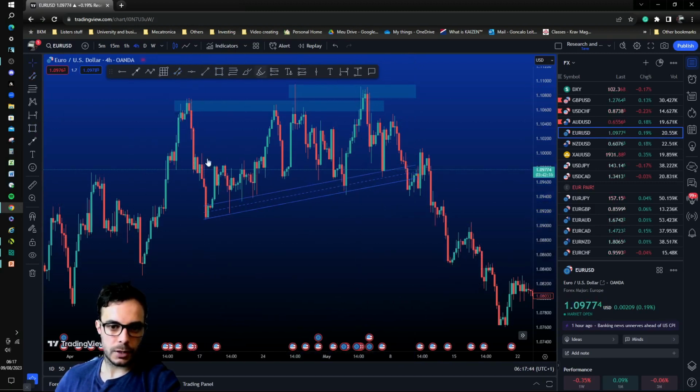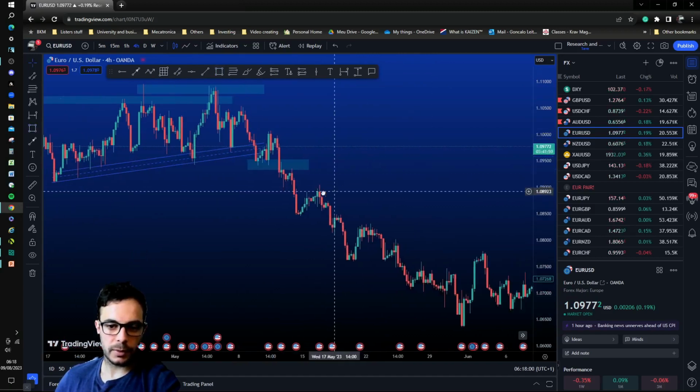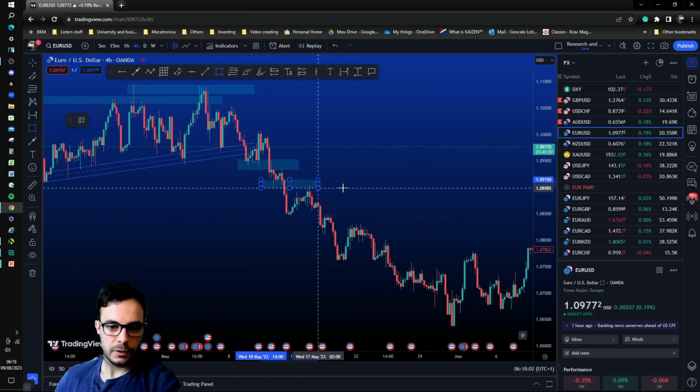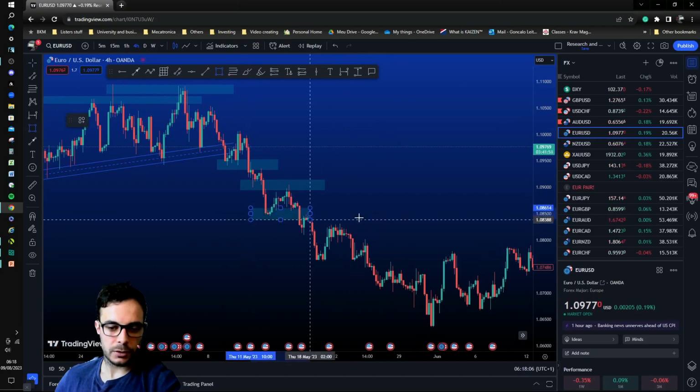As you can see at this point of this big corrective move, it was respecting, so it's not much volatile. Has some volatility, but it's not massive, and therefore we kind of can capitalize on its price movements.